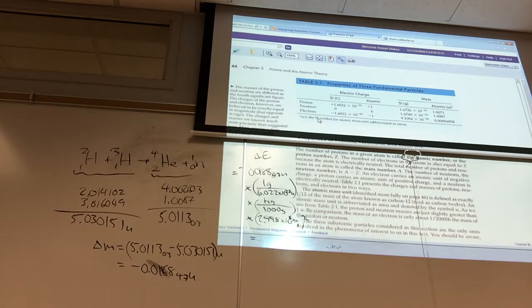So it'd just be 0.018847 divided by Avogadro's number divided by 1,000 times 2.998 times 10 to the 8 squared. You know what? I have a calculator here.